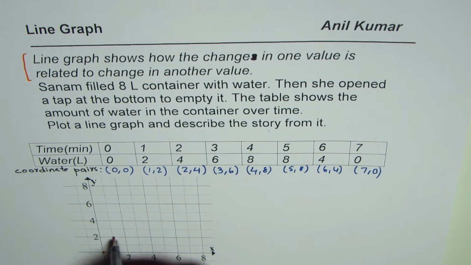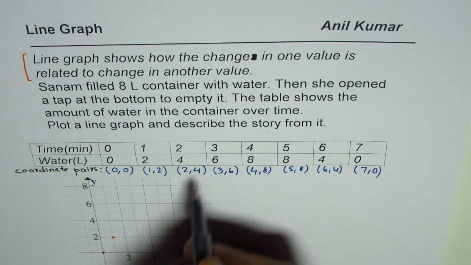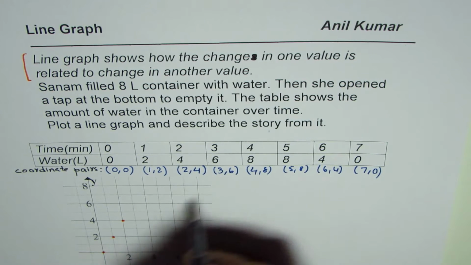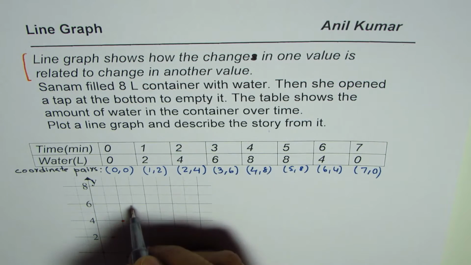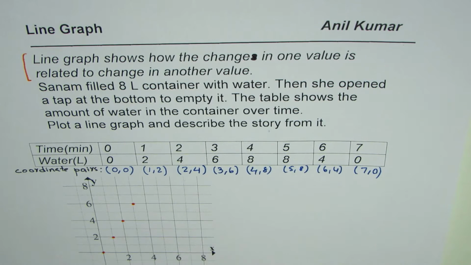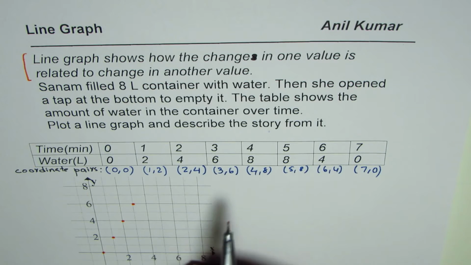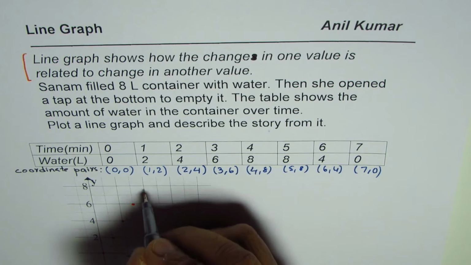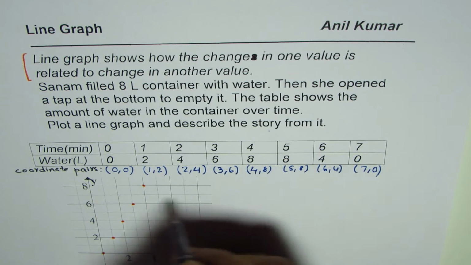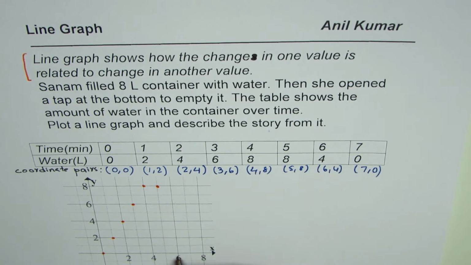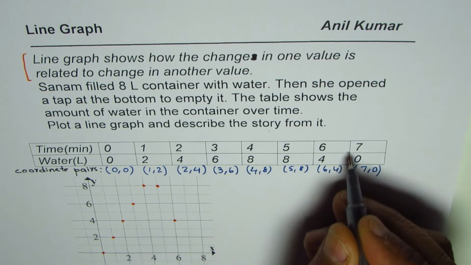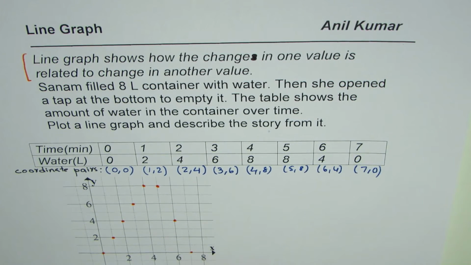So 1 and 2, that's the point. Then (2, 4), and (3, 6). You can pause the video, sketch the line graph, and then answer the question at this moment. Okay, (4, 8), then (5, 8), (6, 4), and (7, 0). So those are the points.